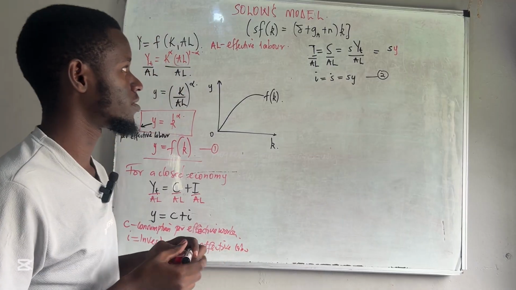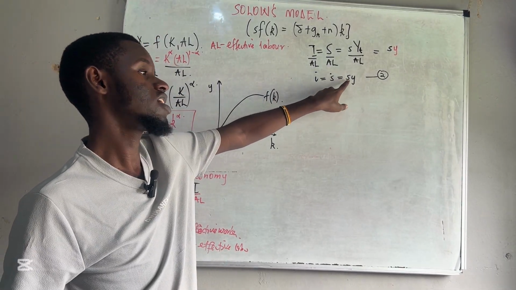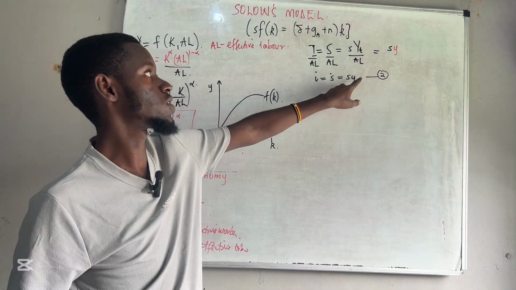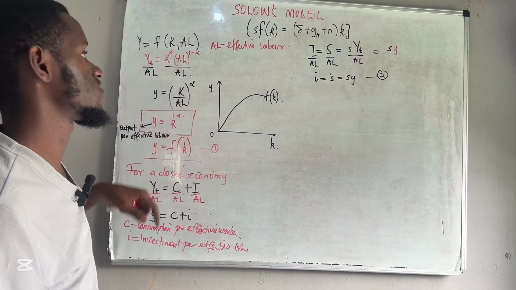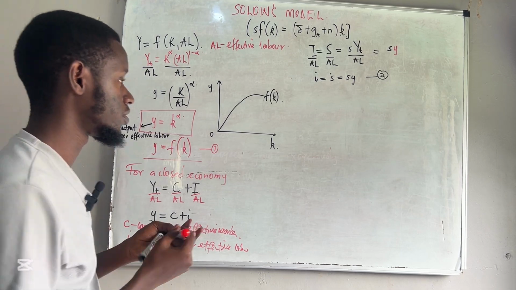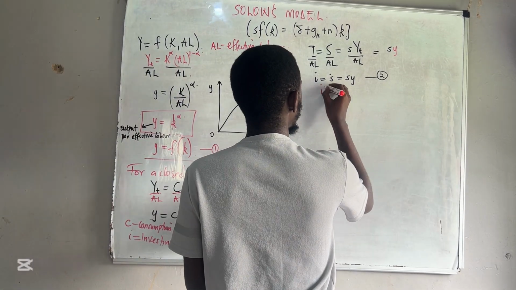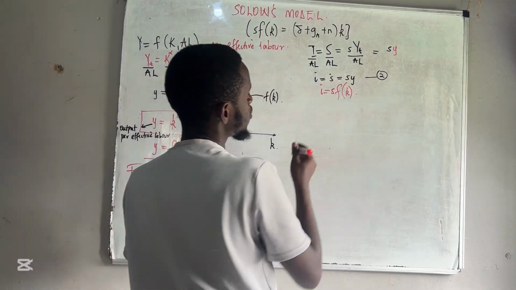Remember, I think we are together. I'm saying investment per effective worker equals saving per effective worker, which is the same as the saving rate times the function y. But y is a function of small k, capital per effective worker. Therefore, small i equals s f of small k. F of small k is the y.